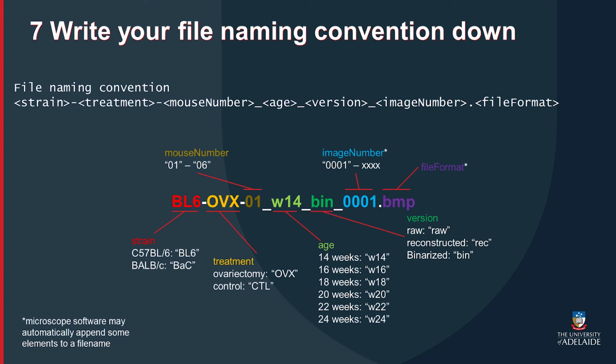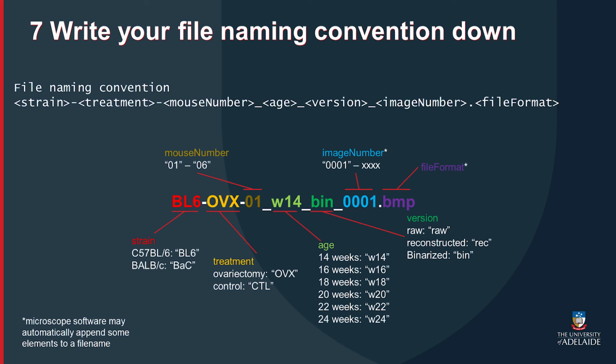But for now, in a PowerPoint or a Word document, write your naming convention down. Write down an example, or better yet, examples of your file name, and, if reasonable, all possible attribute values. So in my case, the naming convention was strain-treatment-mouse number_age_image version_image number.file format.